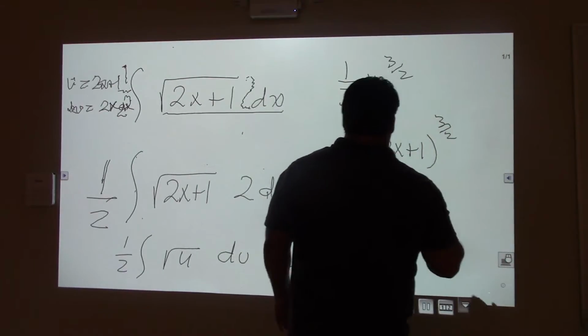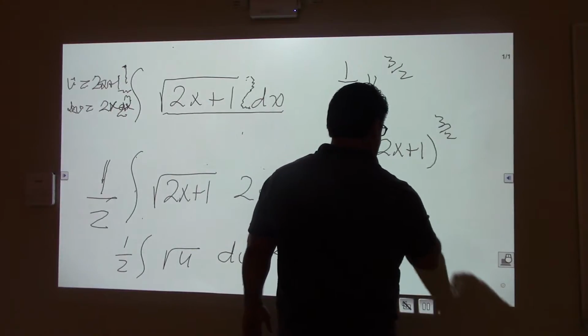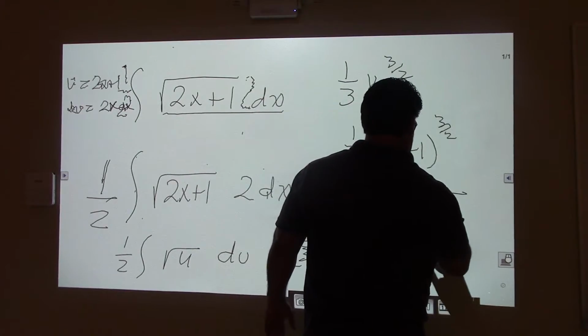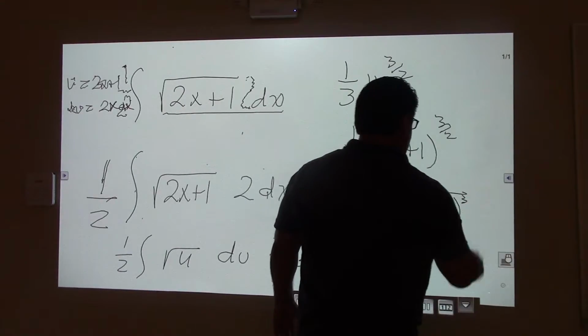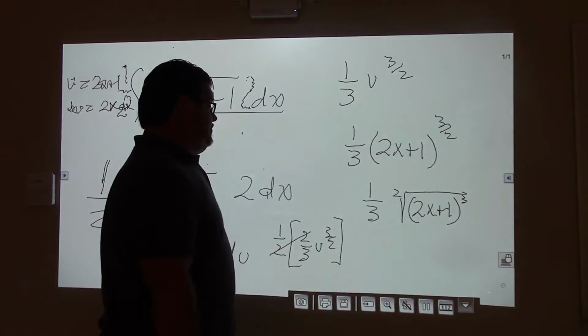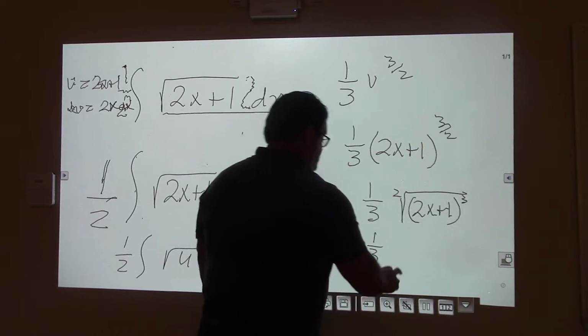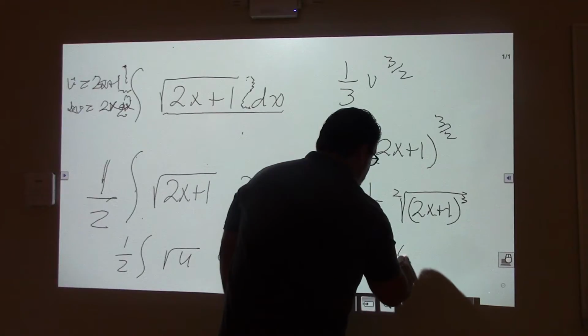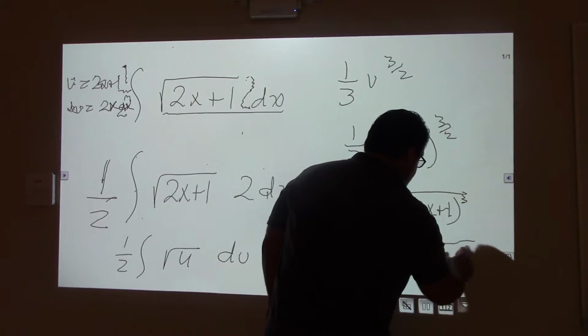Well, that's going to be 1/3 times the square root of 2x plus 1 to the 3rd, which you can take the square root of. I don't know if they want you to go this far. 1/3, and that's going to be like 2x plus 1, parentheses, times the square root of 2x plus 1.